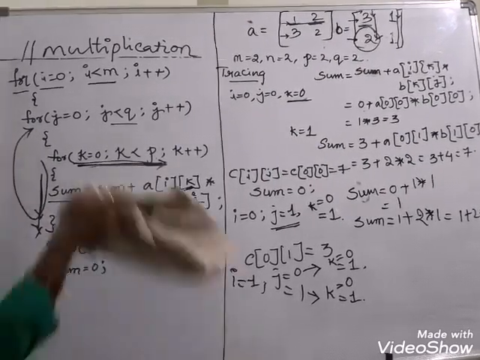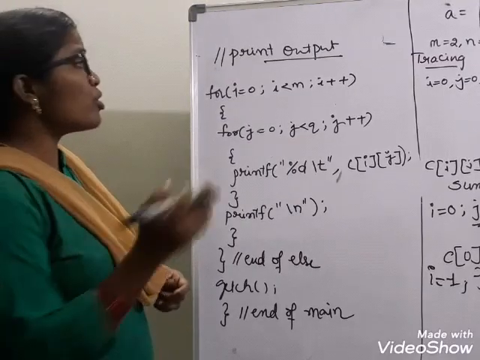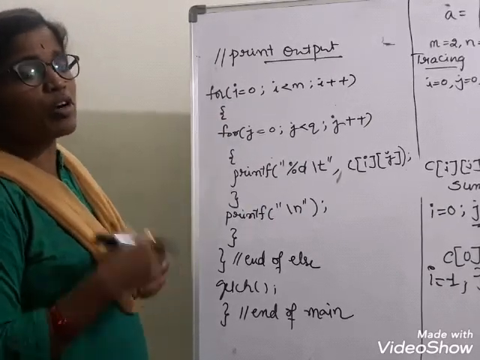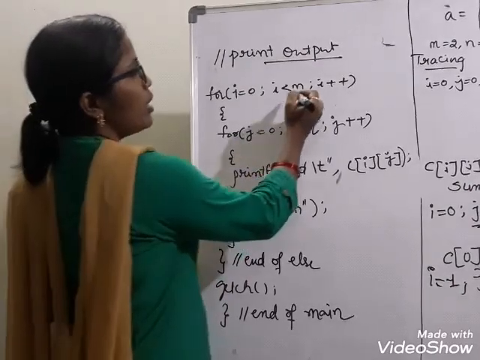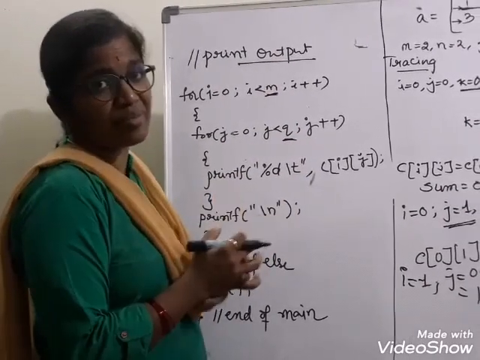Let's see how we can print the output onto the screen. So we are at the last part of matrix multiplication, that is printing the output. The output can be printed based on the number of rows and number of columns of the first matrix and second matrix.